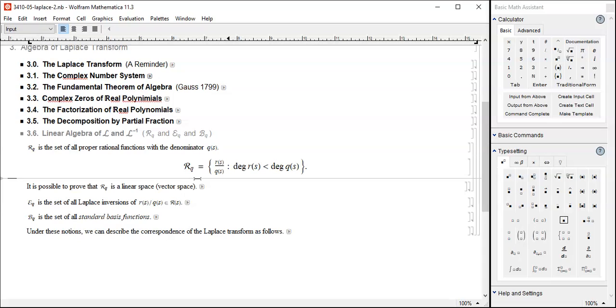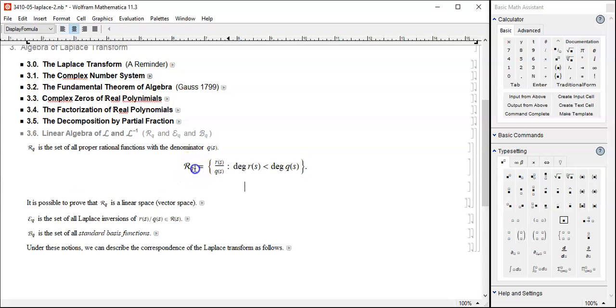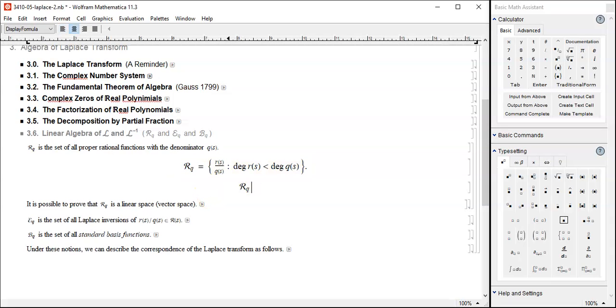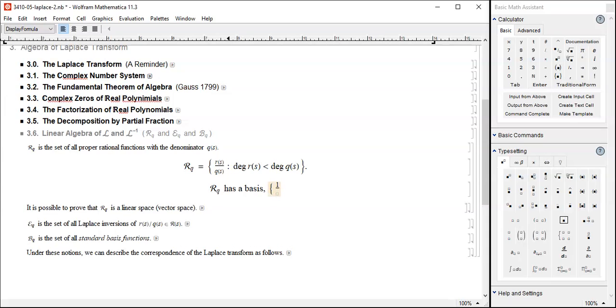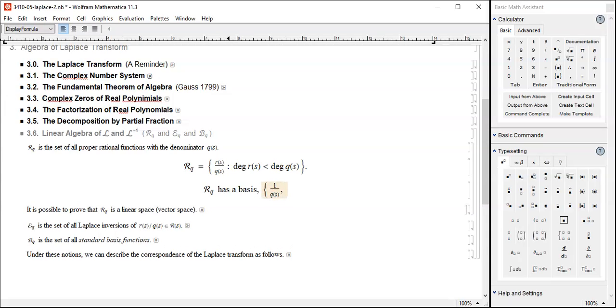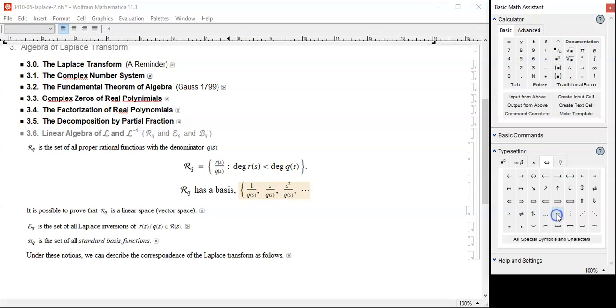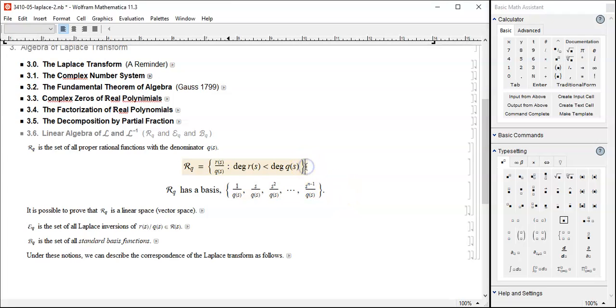To make a long story short, we can conclude like this: 1 over Q of S, S over Q of S, S squared over Q of S, and so on, up to S to the (n minus 1) power over Q of S. It turns out this is a basis of that.